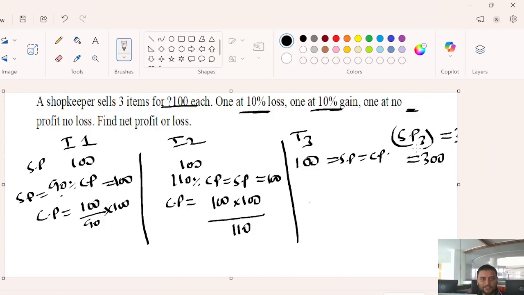Here selling price and cost price are same, so there is no need to do the calculation. 100 by 9 can be written as 11 whole 1 by 9, which is multiplied with the 10. So I can write it 110 plus 10 by 9 means 0.1. I can say 110.1.